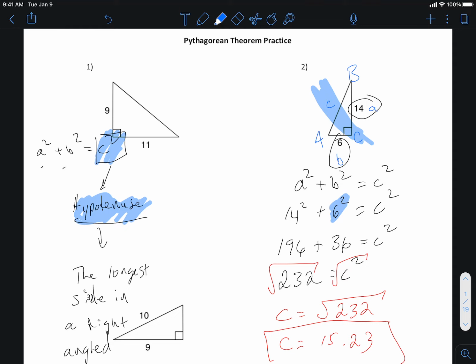Same way I did 14 times 14. It just means that there's 2 of them. That's what we were talking about earlier. 6 squared means 6 times 6.